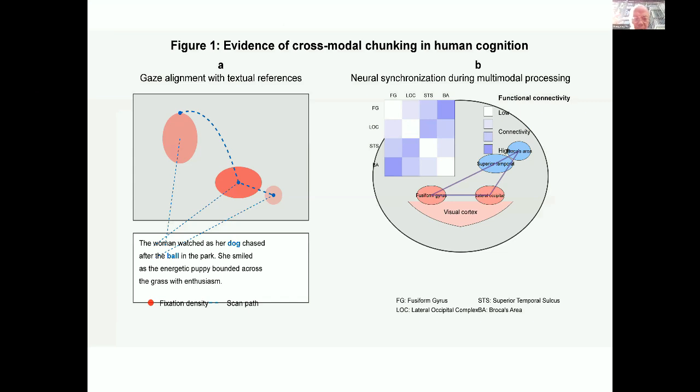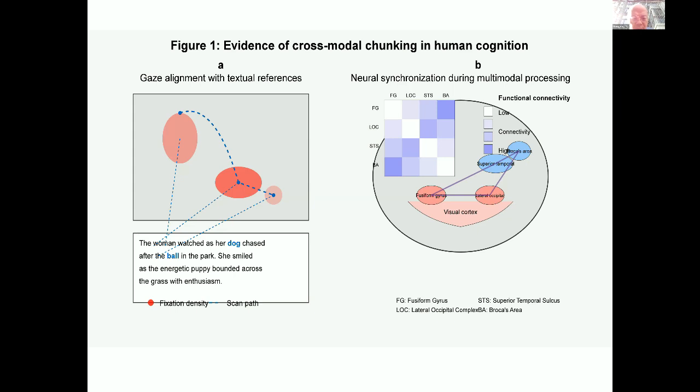Let me walk you through figure 1A, which shows evidence of cross-modal chunking in human cognition. What you are seeing here is a visualization of eye tracking data from our human studies.